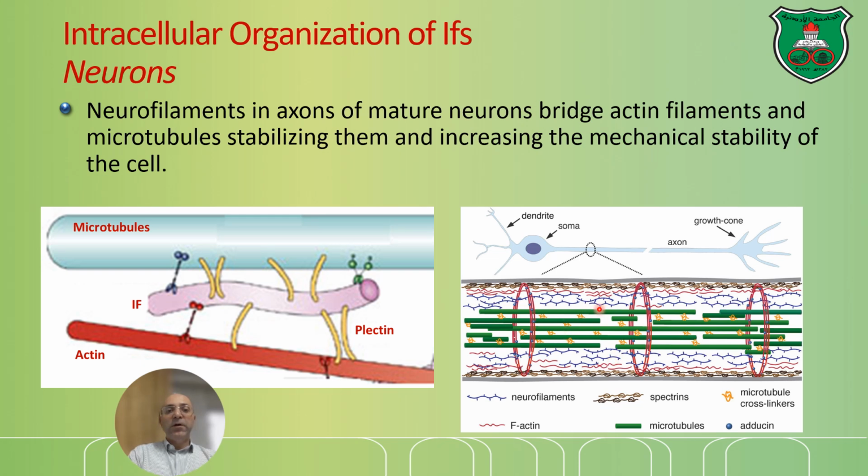So this is an overview of the axon. The intermediate filaments, the plectin, exist right in the middle, connecting the microtubules to the actin filaments. So what they do is that they really support the axons, providing, again, mechanical stability of the axon specifically, and overall the whole cell.